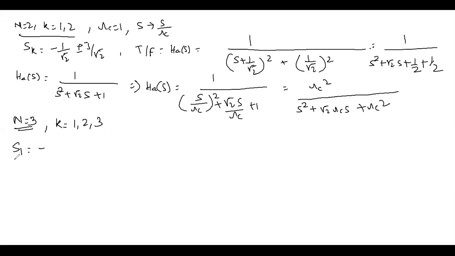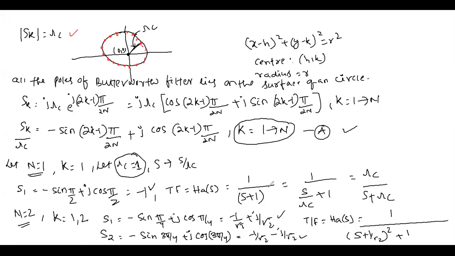Initially I'm taking omega c equals 1, it's minus sine 5 by 6 plus j cos of 5 by 6, then it is minus 1 by 2 plus j root 3 by 2. Okay, simply put in this equation. Always use equation A. Okay, k equals 1 means 1, then 3, then 5, then 7 we will get like this.